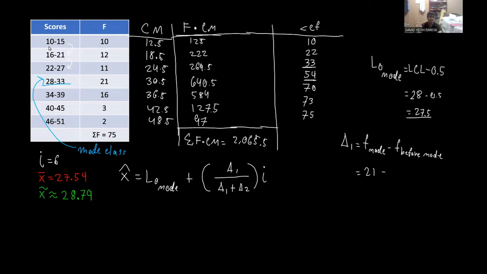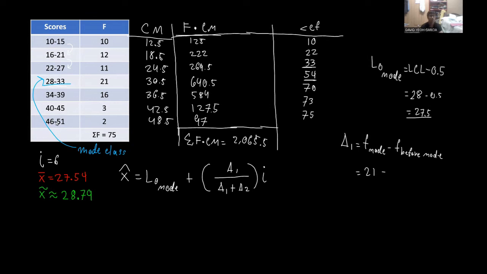It keeps on increasing. So the order here is ascending, from the class interval with the lowest values up to the class interval with the highest values.